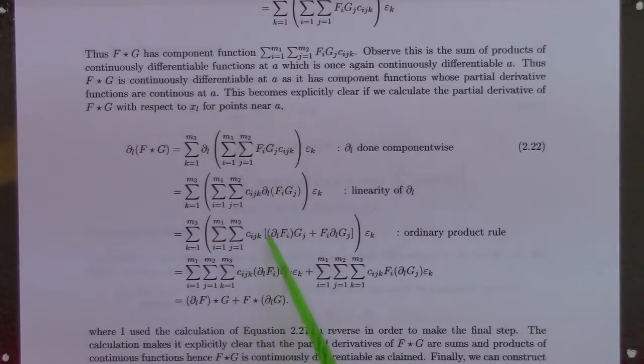And then I just rewrite this piece and that piece separately, and then just undo the steps that got us to these formulas in terms of structure constants to rewrite this in fact as the partial derivative of f star g plus f star the partial derivative of g.